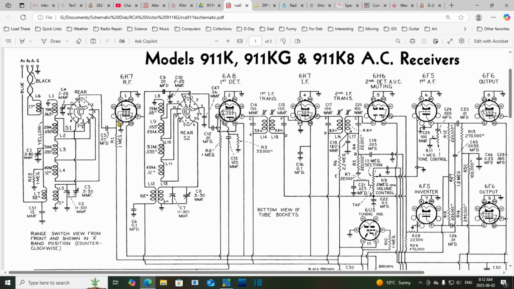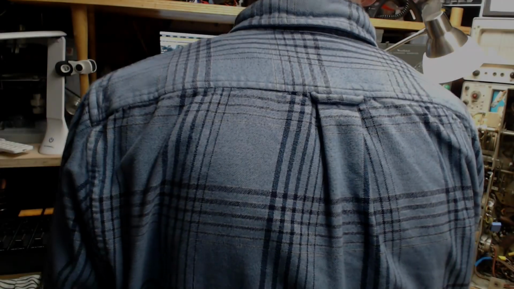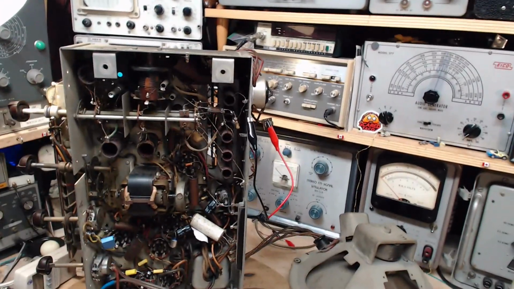0.01. Can we find this? So it's connected right to the grid cap circuit. So if we follow the grid cap wire down under, we'll probably find this capacitor. Okay, let's do that. That would be my back right there. Okay, first tube, a grid cap.